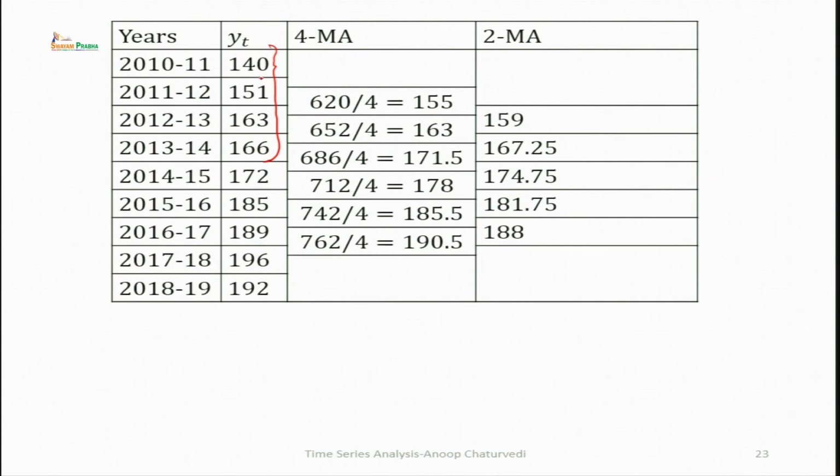You leave 140, start from 151, go up to 172 and so on. And then since these values are not corresponding to the observed time points, you further take a moving average of period 2. So, finally, you get values which are corresponding to the observed time points.